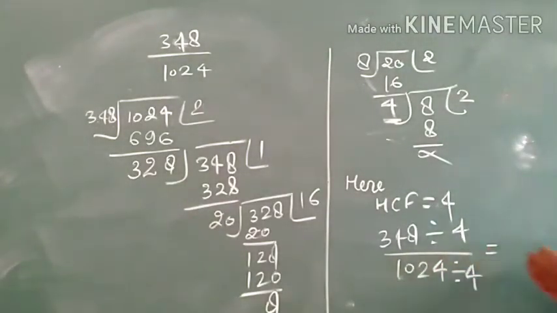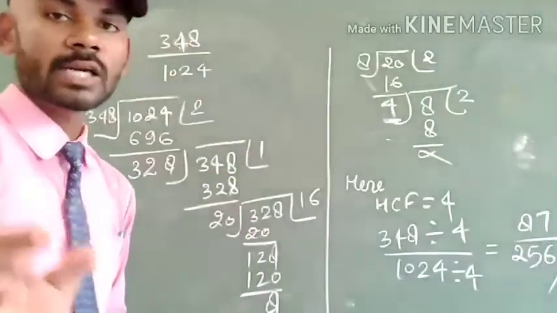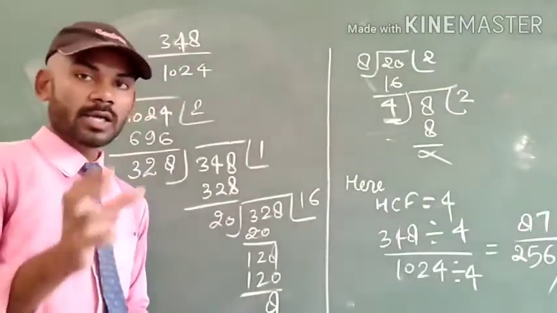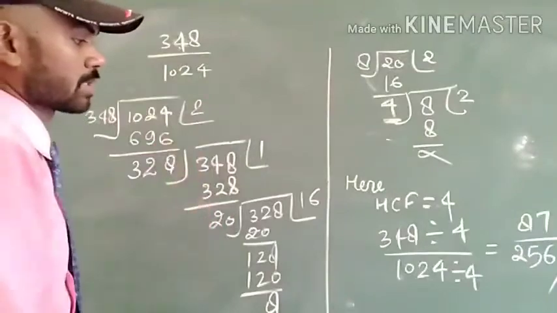So when we divide, we get 4 8s are 32, and 4 7s are 28, upon 4 2s are 8, 4 5s are 20 and 4 6s are 24. Therefore, 87 upon 256 is the lowest term of the given question.